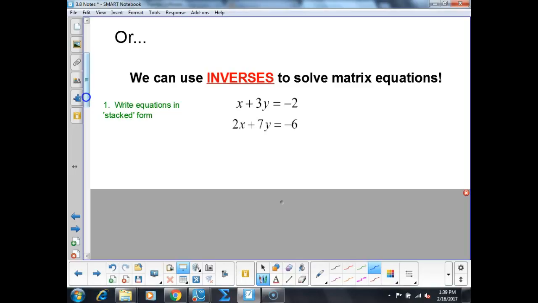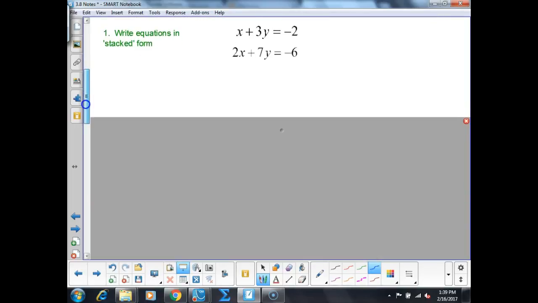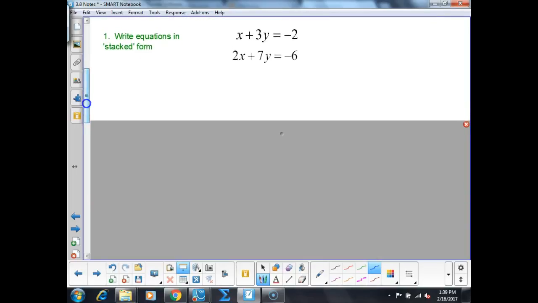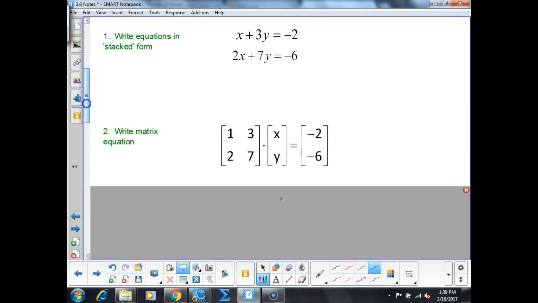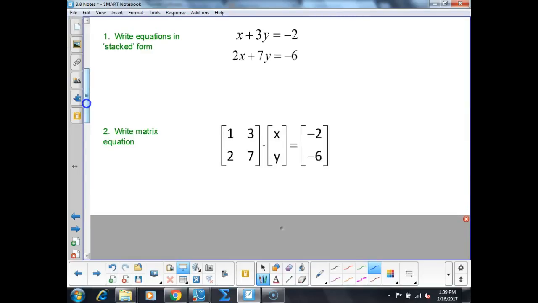Then, what I am going to do is put that equation into the matrix form of it.